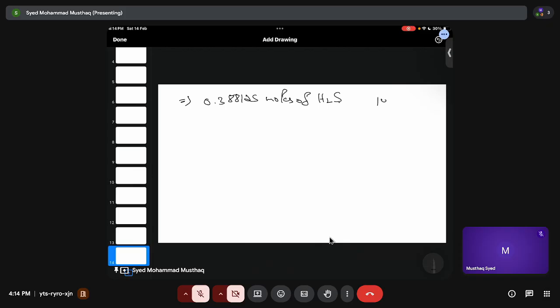Now we know 1 mole takes 22.4 liters, or 22.4 into 10 to the power of minus 3 meter cube, right? So you multiply it with this value, so that will be the amount of coke oven gas.